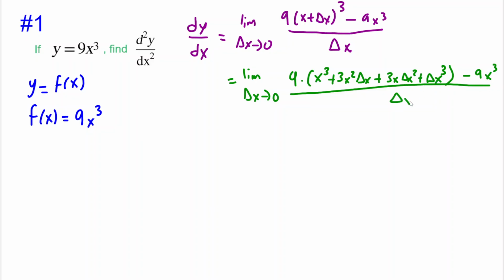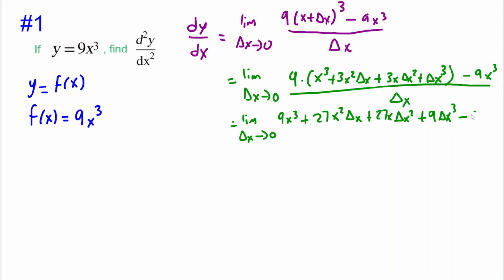So now I'm just going to distribute: 9x cubed plus 27x squared delta x plus 27x delta x squared plus 9 delta x cubed, minus 9x cubed, over delta x.